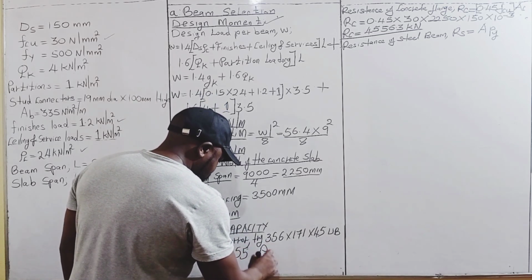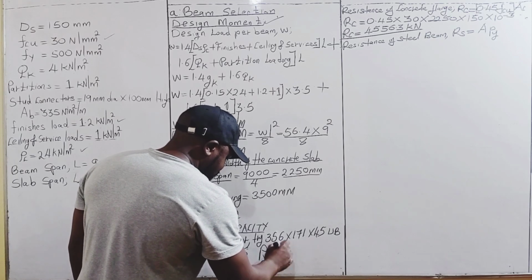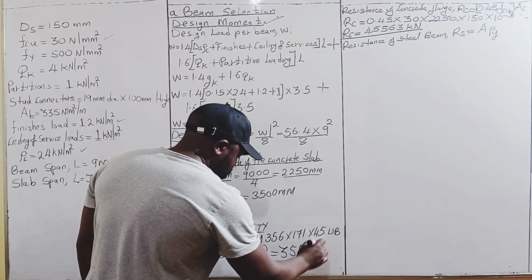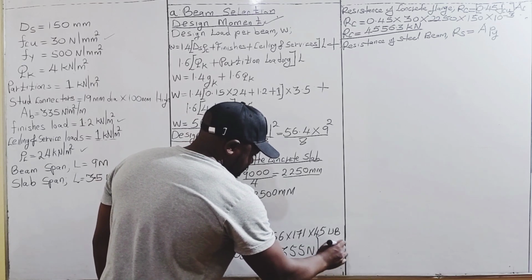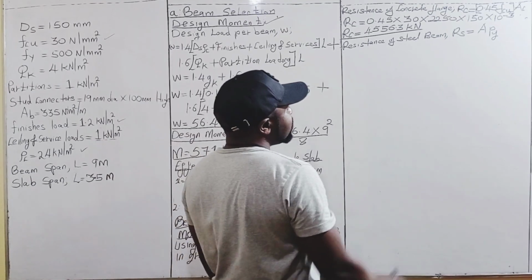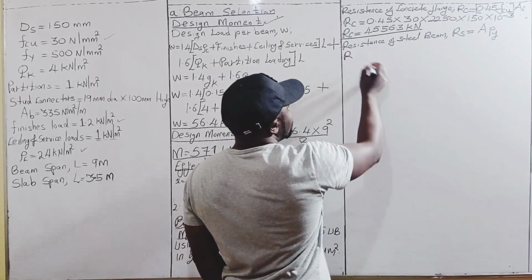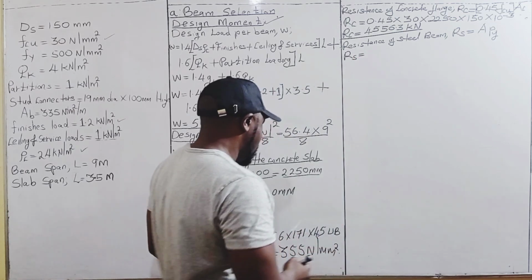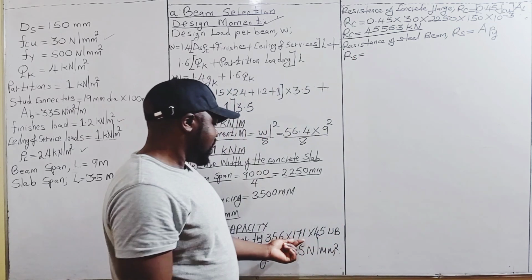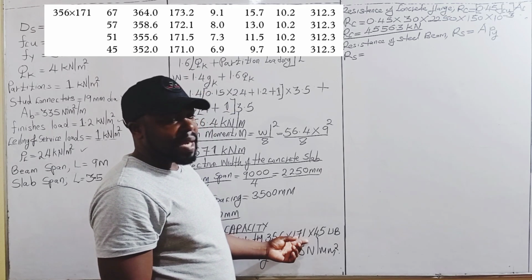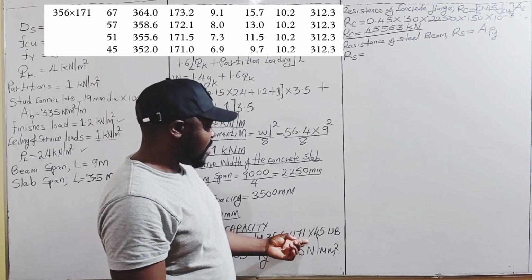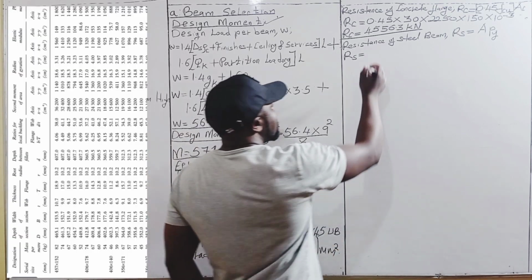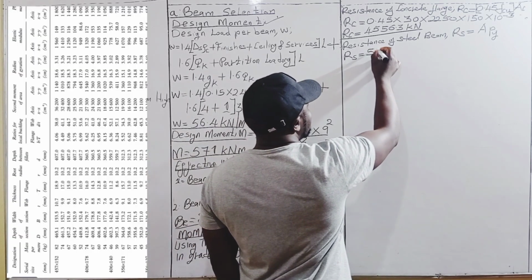Therefore, the resistance of the steel beam RS will be equal to the area of this steel section from appendix B of the UB of BS 5950, which is 57 square centimeters.